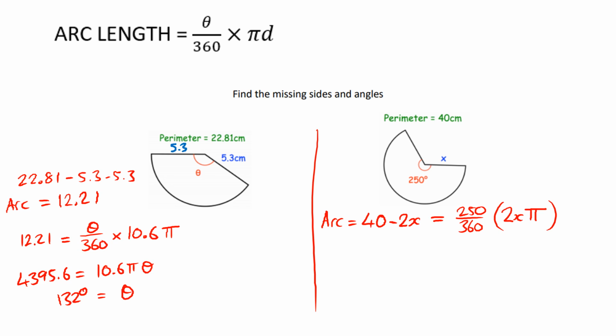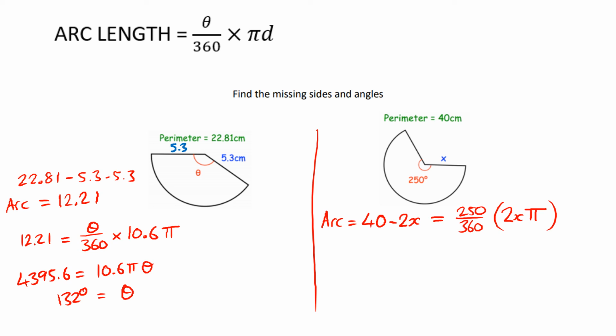And then we kind of have to say, well, okay, what do we know? We know the arc length is 40 minus 2x. We also know theta is 250, so we can say 250 over 360. And then what's pi d? Well, if the radius is x, then the diameter is double that, is 2x. So we're just going to have a 2x pi floating around here.